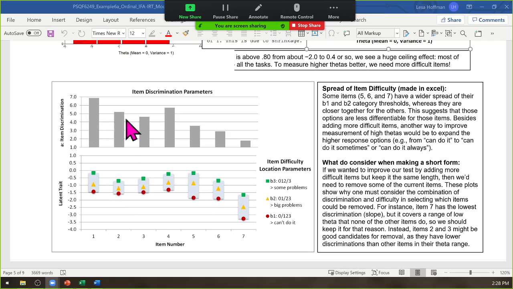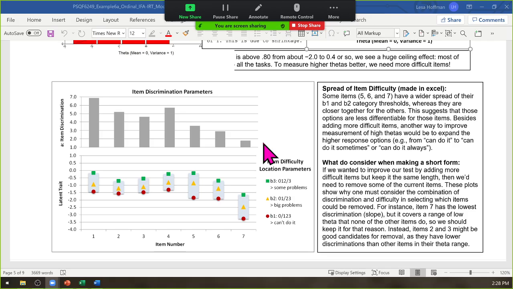So the location of these things is somewhat problematic because it's relatively constricted. In looking at the loadings, if I were trying to reduce items, I might be tempted to get rid of item 7 because it has the lowest loading by a considerable margin of the others. Now, do you think that would be a good idea or a not so good idea? Should I dump item 7 because it doesn't have a good loading? I think it depends on what the item is, right?